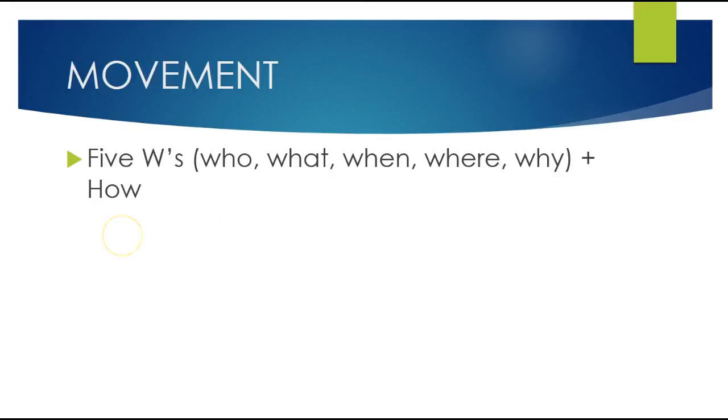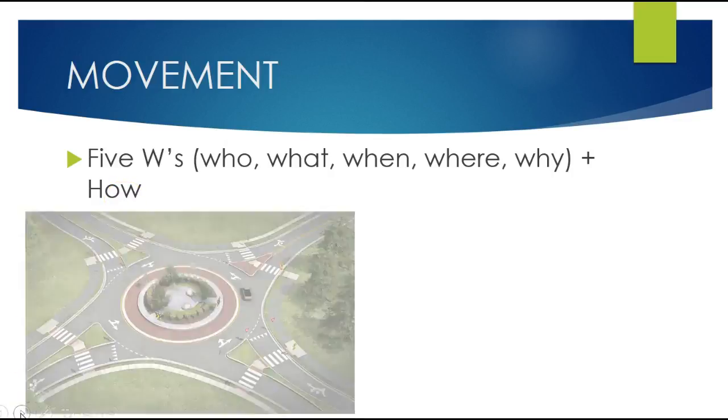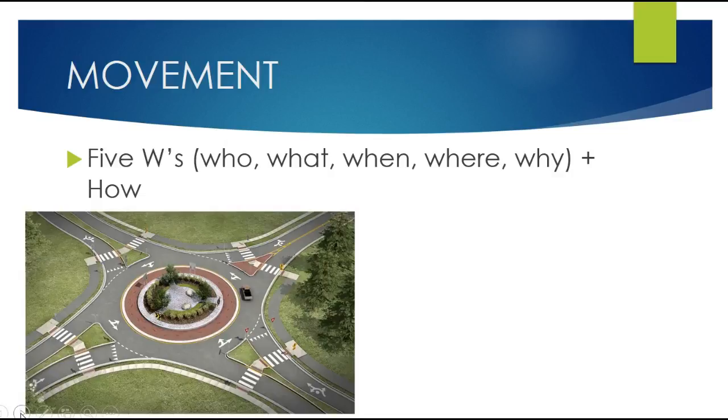And when they study how to make life easier and better, they often start with the 5 W's: who, what, when, where, and why. Now, in addition to the 5 W's, people who study movement also ask how. Civil engineers study traffic patterns and try to design road systems to keep our traffic moving.